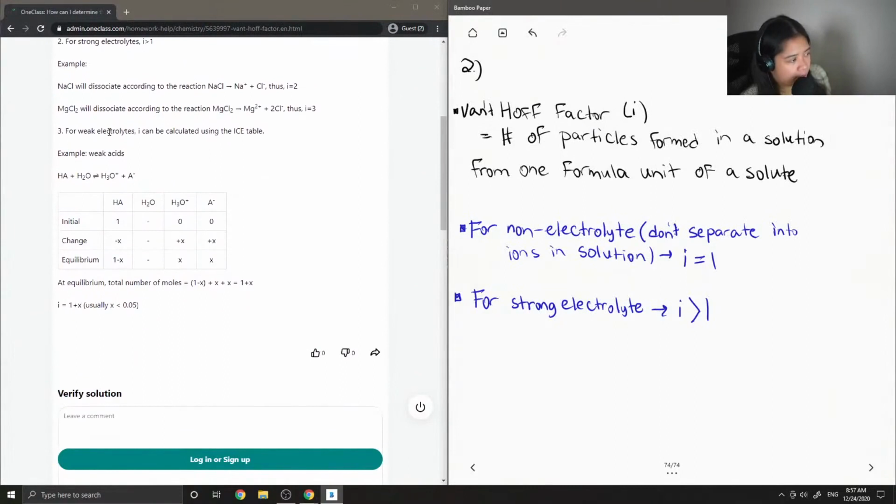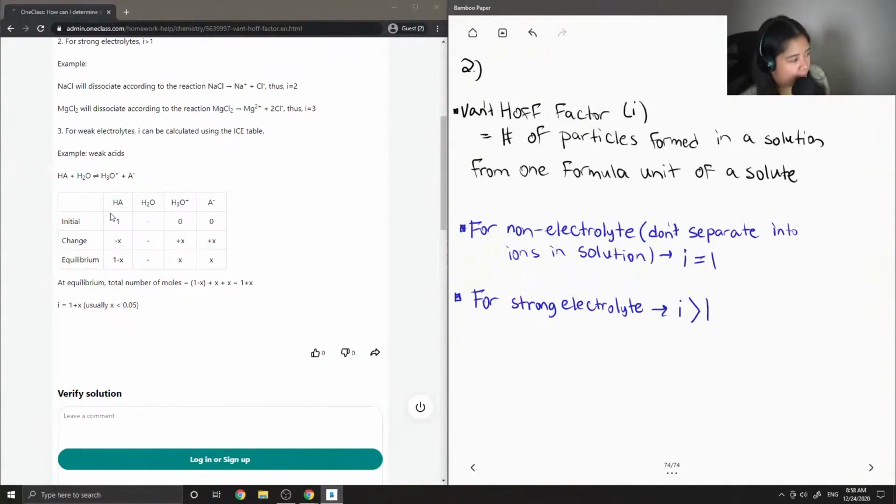For weak electrolytes, i can be calculated using the ICE table. So they have an example using a weak acid, HA, that dissociates into H3O+ and A−. The ICE table stands for initial, which is the initial concentration.